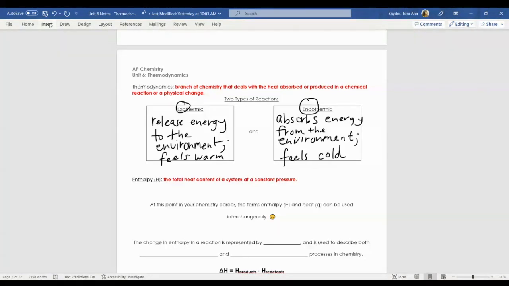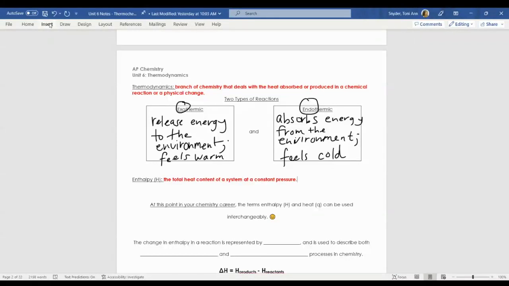If the pressure is not the same, which it's not when you get to upper level chemistry classes, enthalpy and heat do not mean the same thing. But for us, since we are always working at a constant pressure, we can assume that enthalpy and heat mean the same thing.